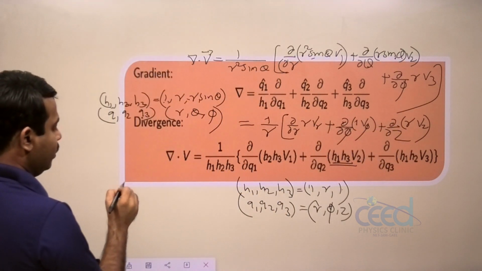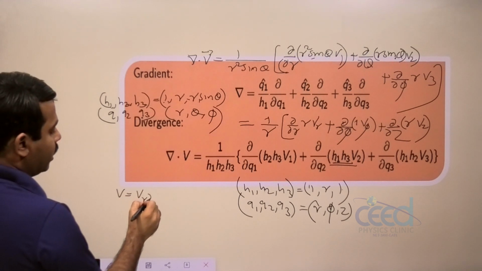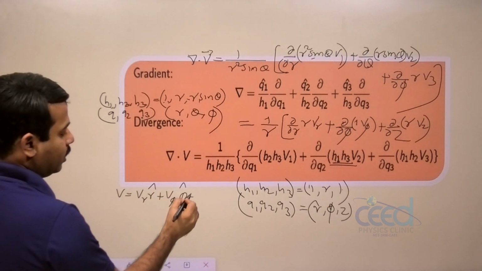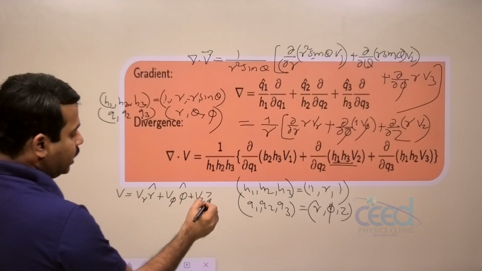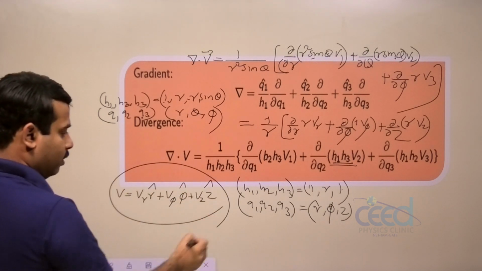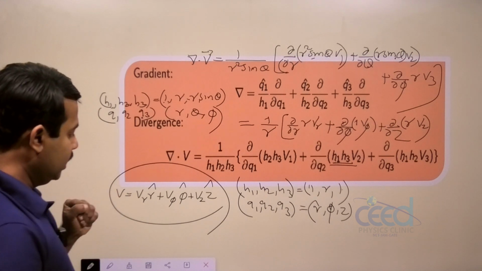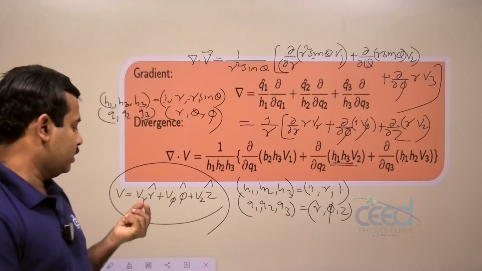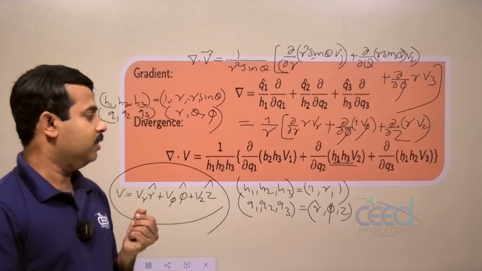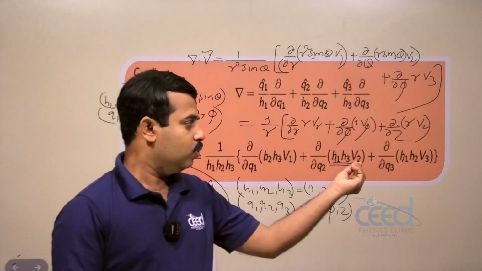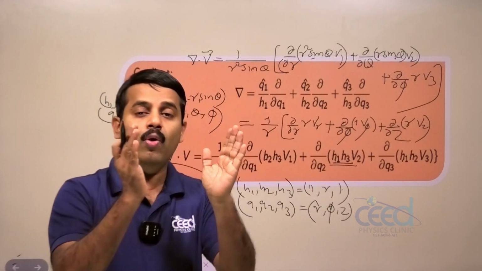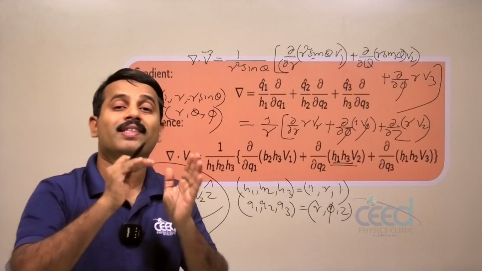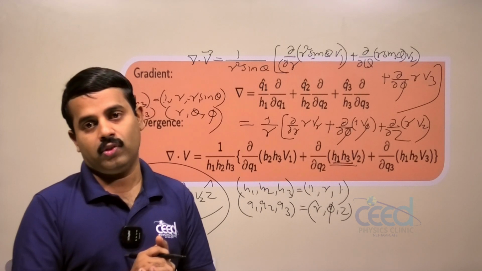What is VR, V phi, Vz and all? If you represent V as VR R cap plus V phi phi cap plus Vz Z cap. Suppose a function V is given in coordinates like this, then VR, V phi, Vz, or V1, V2, V3, all are component vectors of the different unit vectors present in the coordinate system.